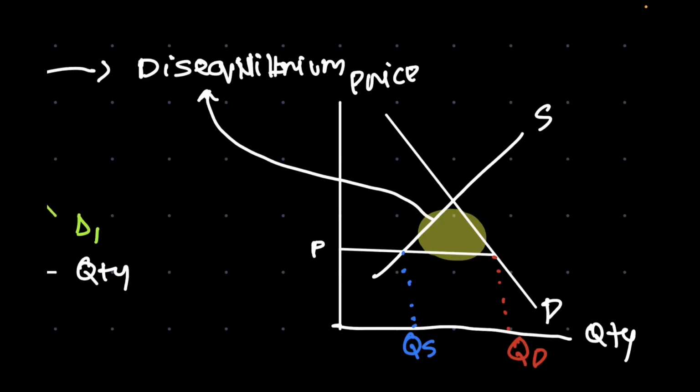What it does is it signals that firstly there is a disequilibrium in the market. It then provides incentives to firms to either increase their supply or for consumers to decrease their demand.